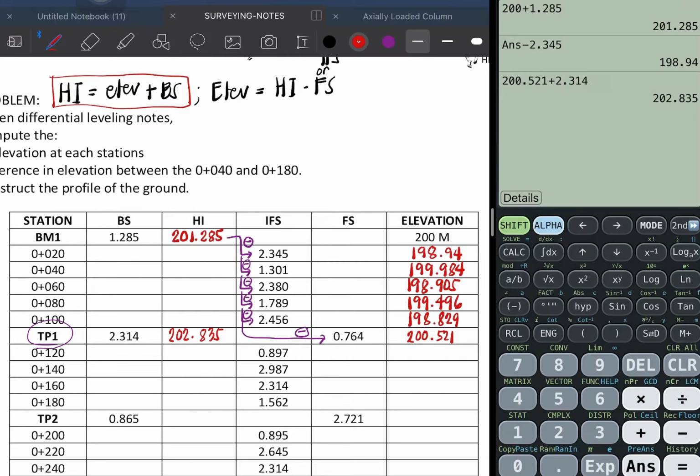That is now your new height of instrument since you transferred your instrument to another area.